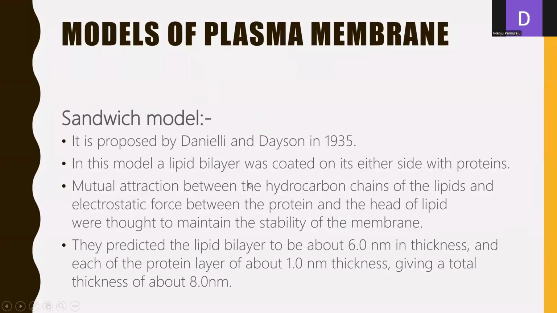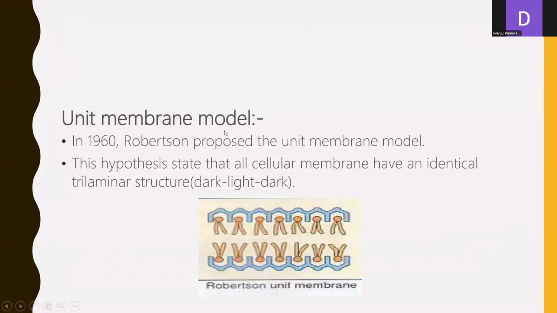The next model is the unit membrane model, which was proposed by Robertson. It is transparent, that is, the lipid bilayer lies sandwiched between the proteins. So here the cellular trilaminar structure is light, dark, light and dark.